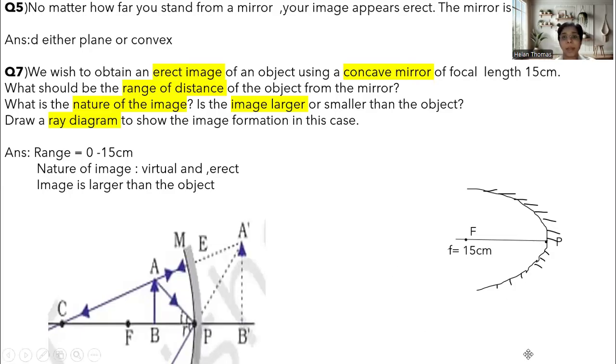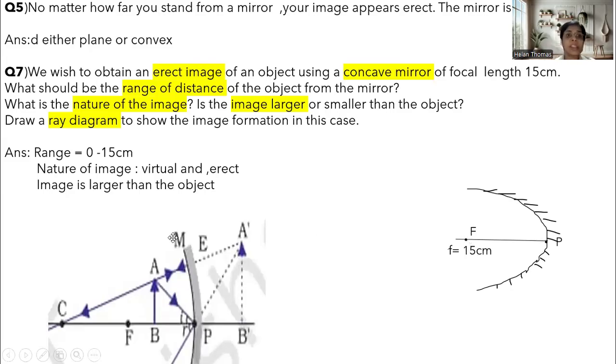You keep your object anywhere in between P and F, that is 15 centimeter, and you will get an enlarged and erect image. So your range will be 0 to 15. P is 0 and the final limit F will be 15.